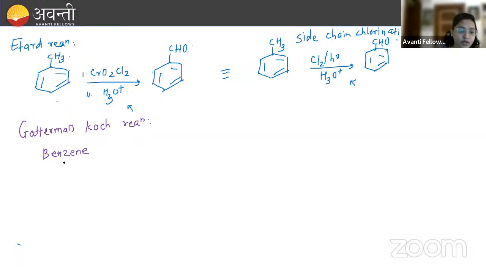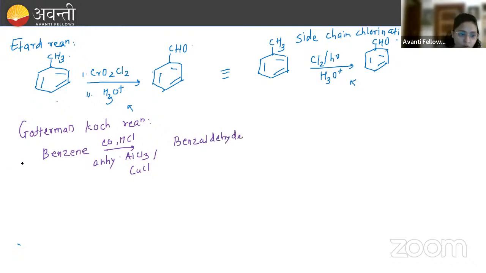Most of the time, students forget the reactant molecule, because they only know the products and the reagents. So CO is the reagent here in presence of HCl and anhydrous AlCl3, or you can say copper chloride. So from benzene, we get benzaldehyde.